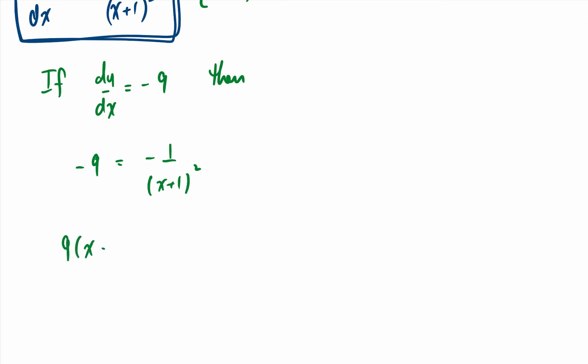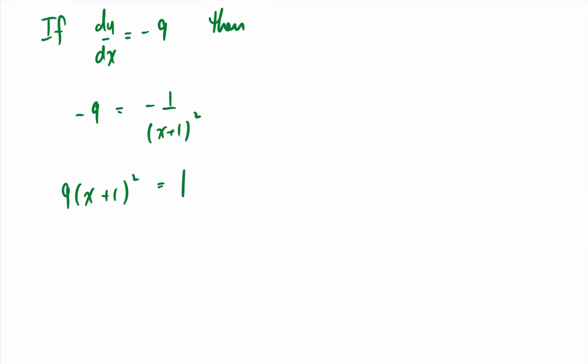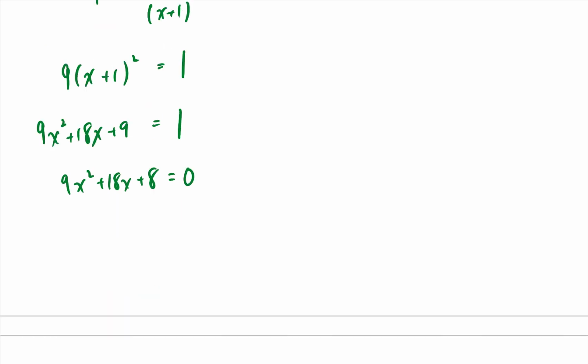So I get 9 times x plus 1 squared, and I divided both sides by negative 1. Then we're going to expand and simplify the left side. So if you want to try that, you should end up with 9x squared plus 18x plus 9 equals 1. Let's move the 1 to the left side. So we end up with 9x squared plus 18x plus 8 equals 0.